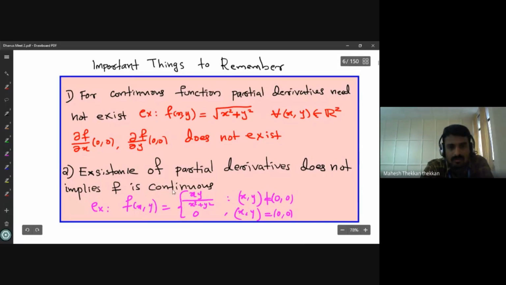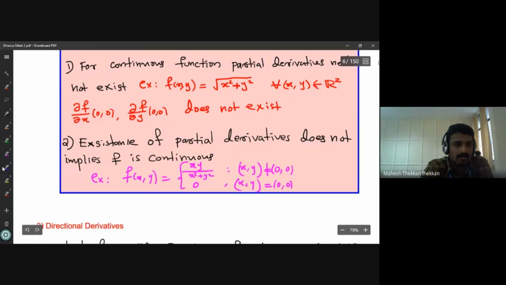For this function, both partial derivatives f x at (0, 0) and f y at (0, 0) exist, but the function is not continuous.